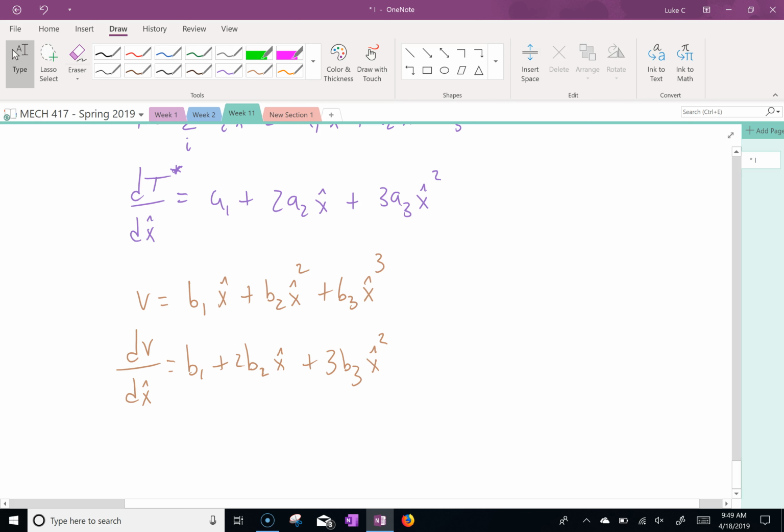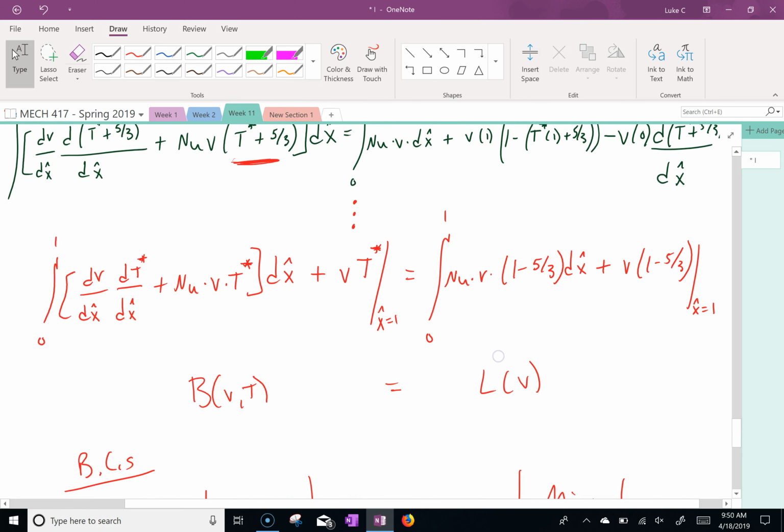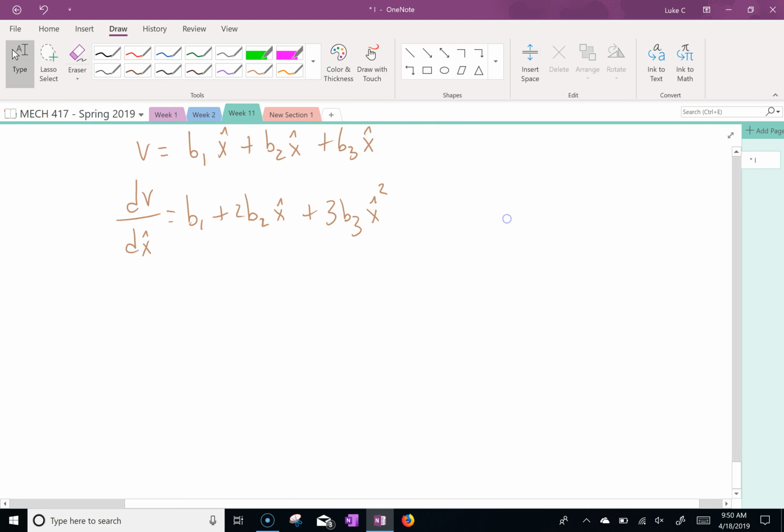Okay, so go up here. So we're going to look at just the bilinear function first, just that term. So we're going to plug in those variables that we just defined. So this could be a little bit long, so bear with me. So b of v comma T equals integration 0 to 1. And the first term was what? dv dx hat in the red equation?